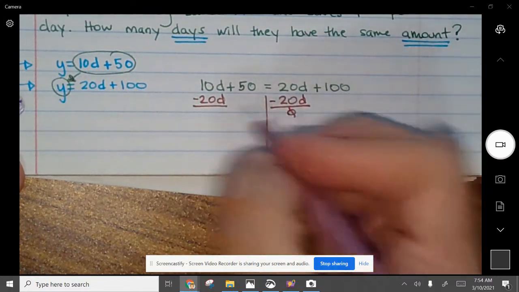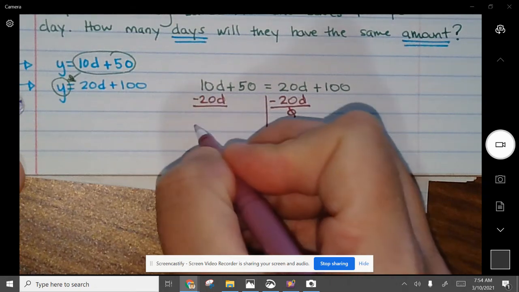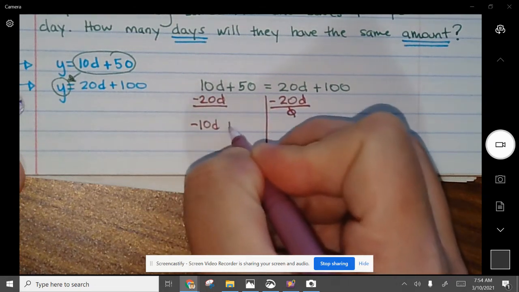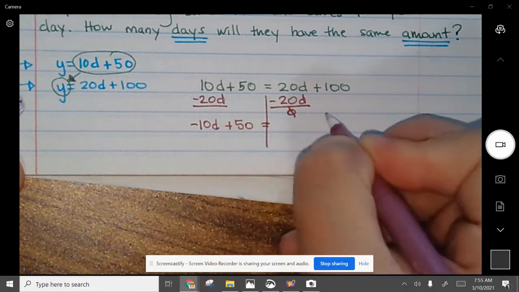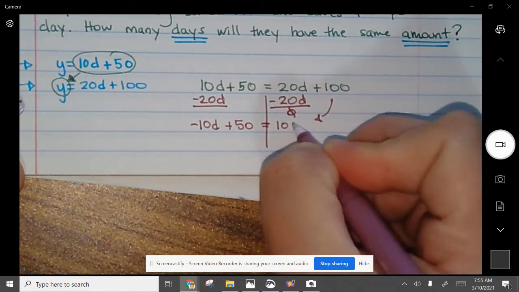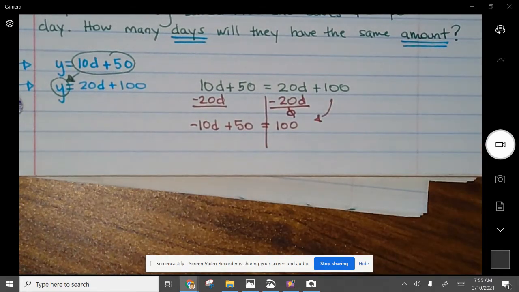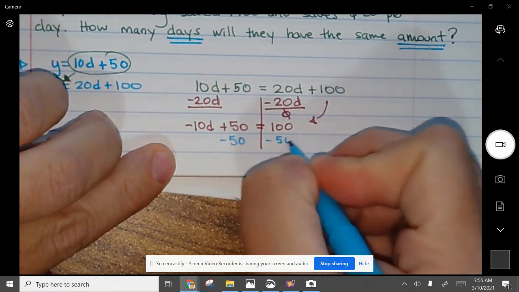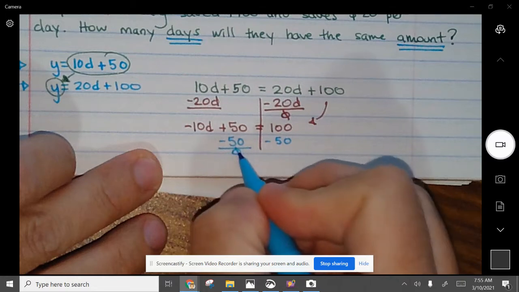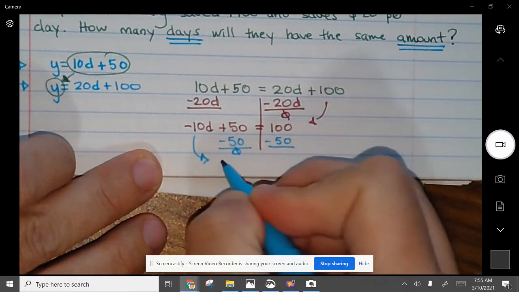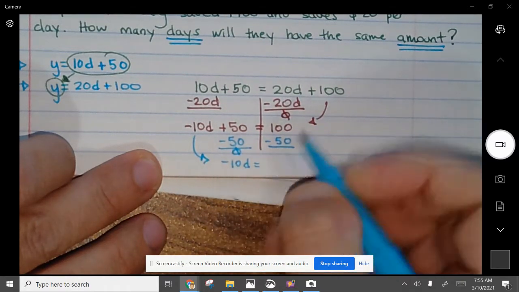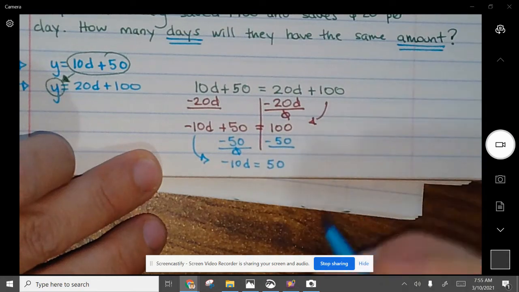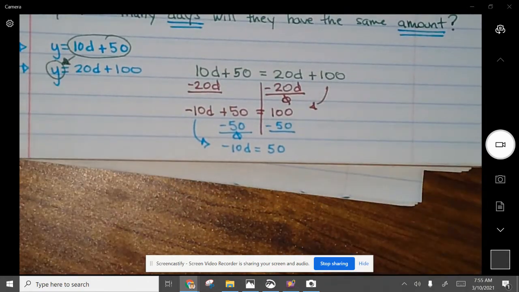Okay, that cancels out. 10D minus 20D, that's going to become negative 10D. All right, now keep going. We're going to go ahead and subtract. Negative 10D equals 50.